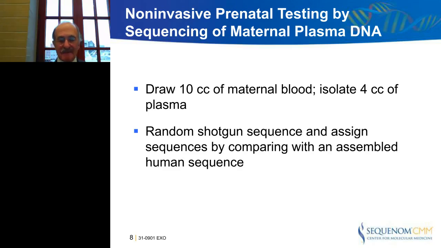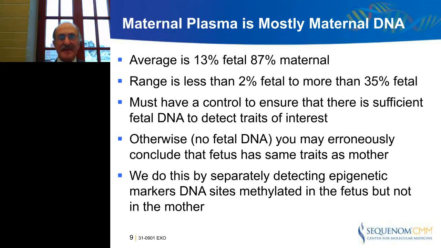But there's a problem. In an average pregnant woman, 13% of the DNA comes from the fetus, and 87% comes from the mother. But in individual pregnant women, there's a range of a factor of 20.